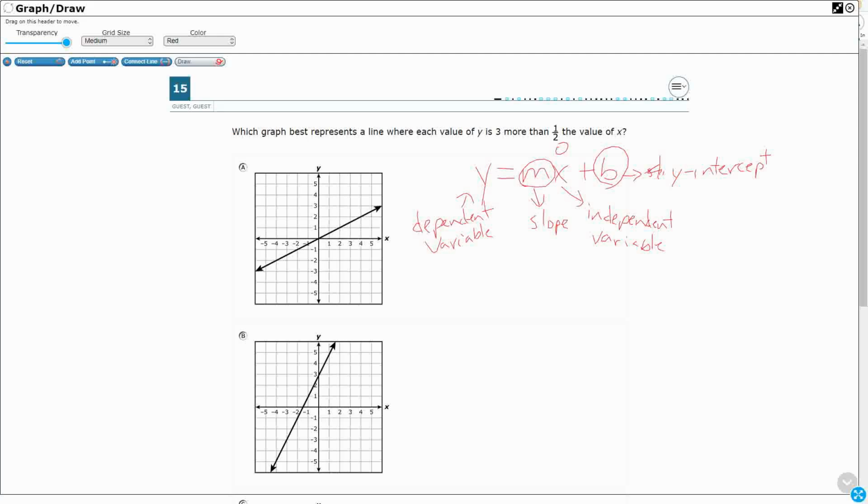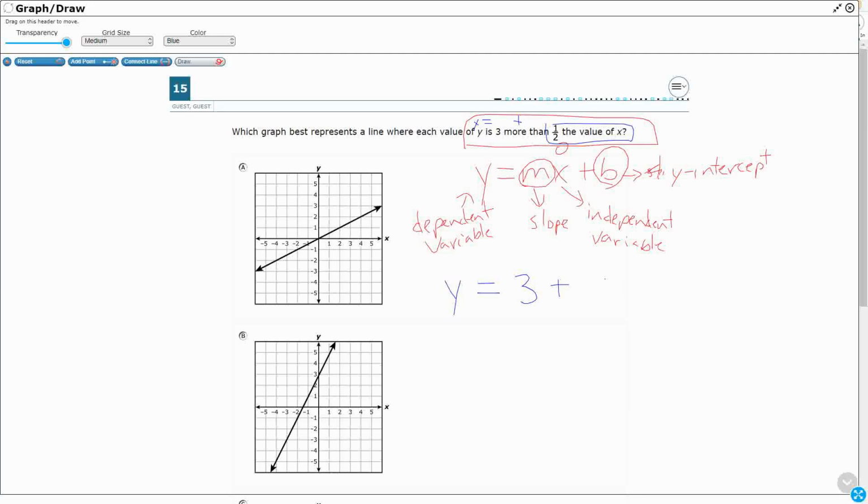All right, so let's see if we can take some of this right here and plug it into an actual y equals mx plus b form. So it says y is, so that is going to be equal. So we can simply say y equals 3 more than, makes me think plus, so 3 plus half the value of x.